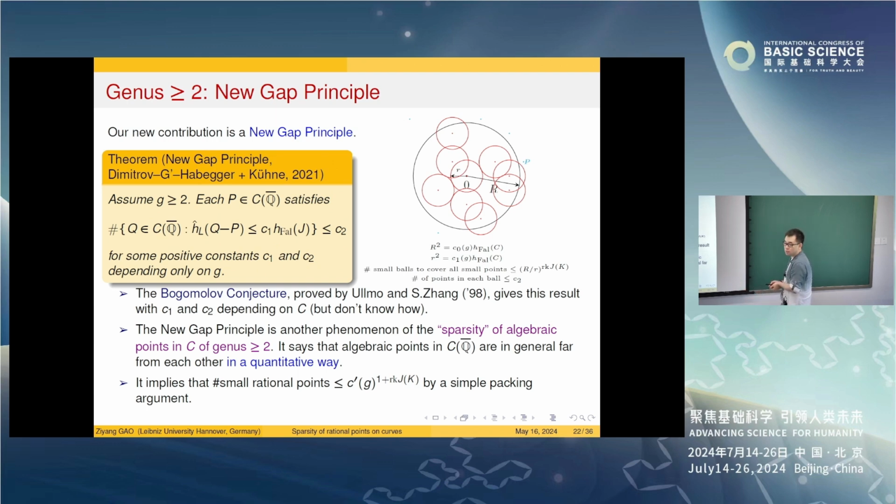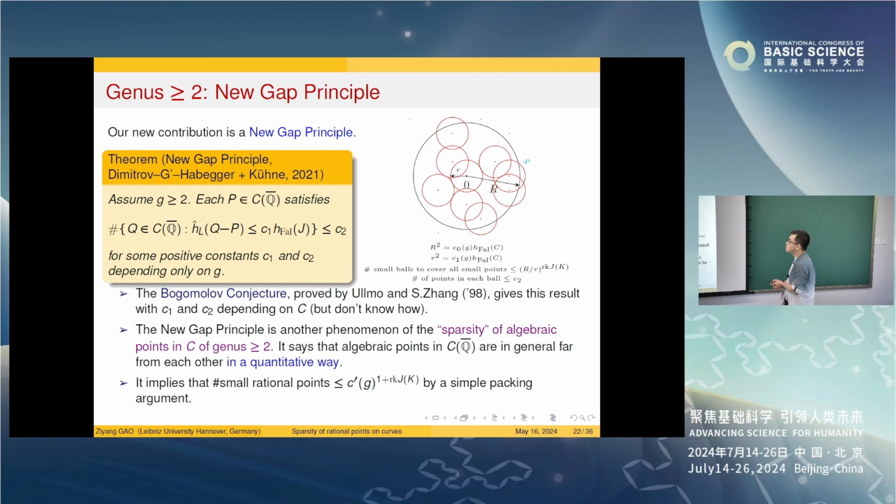Here is what it means. Not far means the height or the distance, the square of the distance, is bounded above linearly in terms of the curve's height. This is what not far means. And then the number of these points is bounded above solely in terms of the genus.